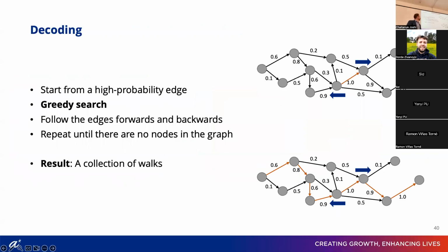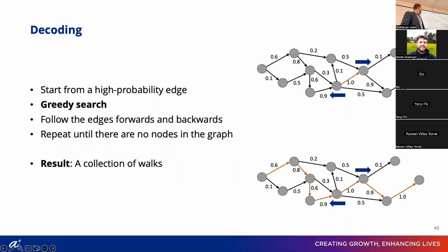And we finally come to the decoding. We start from a high probability edge, or actually we sample multiple high probability edges with a Bernoulli sample. For each edge, we take its source and destination nodes, and we just do greedy decoding forwards and backwards. What you end up with are these walks, and each walk represents a single genomic fragment.